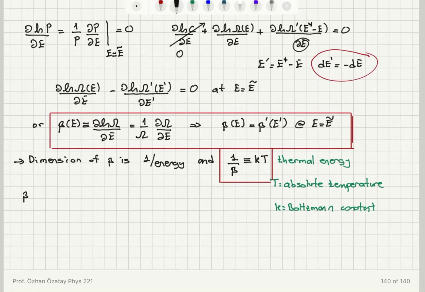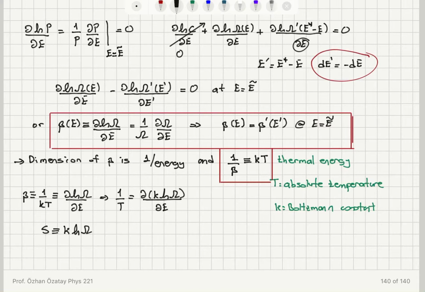Beta is defined as 1 over kT, which is del ln omega del E. So you can see that 1 over T is equal to del of k ln omega, the Boltzmann constant times the natural logarithm of the number of accessible states, del E, and I'm going to define S as k ln omega.